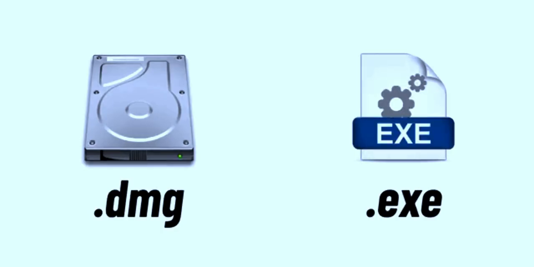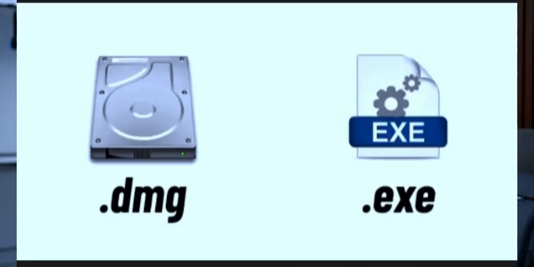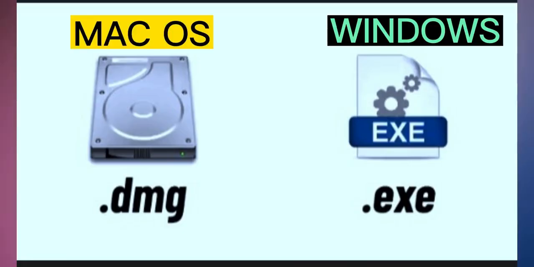The next thing to know about the Mac is that apps come in a DMG format. On Windows, you are used to installing files with the EXE, or executable, extension, but on the Mac it uses DMG.